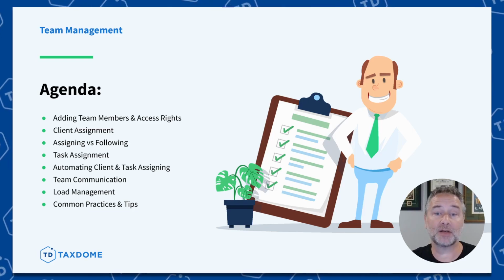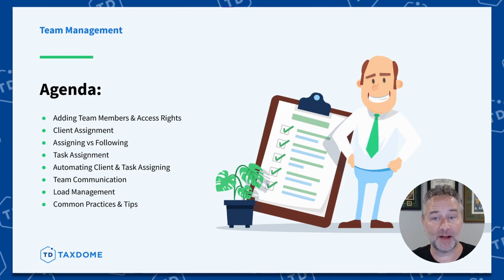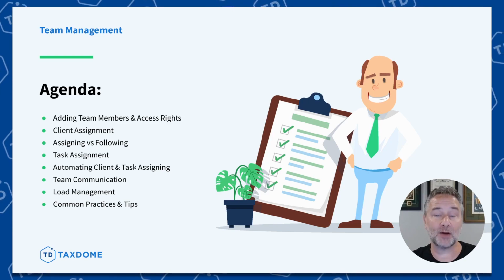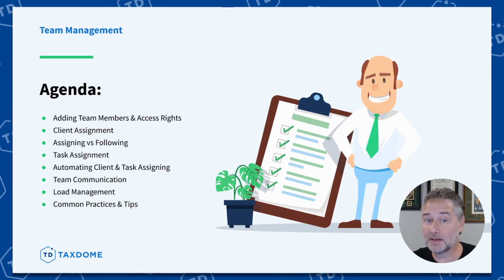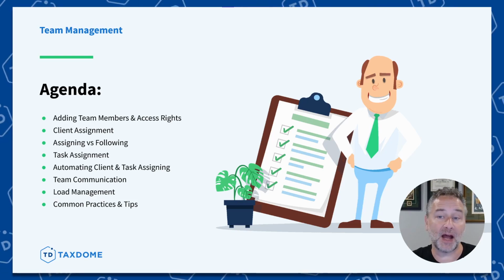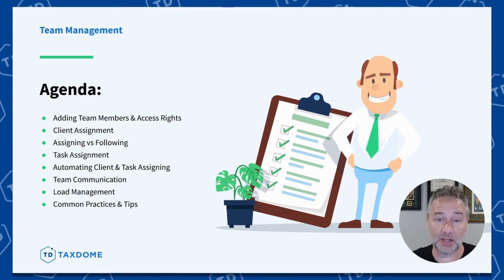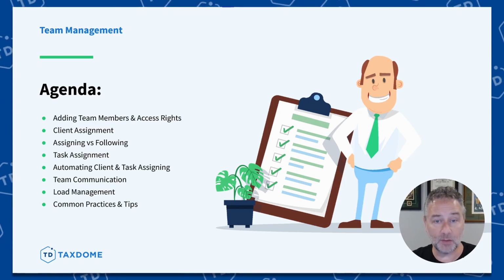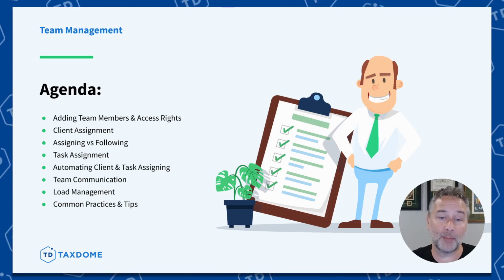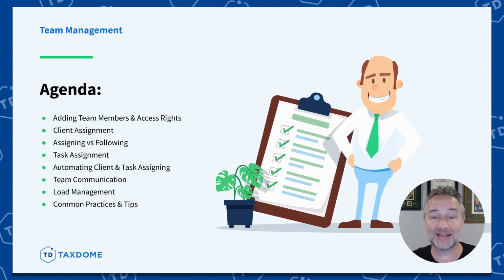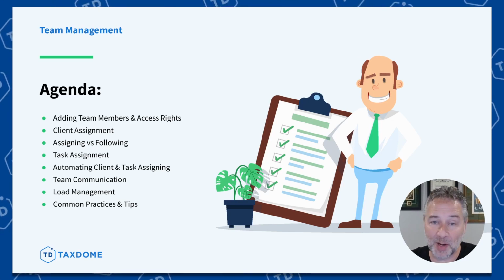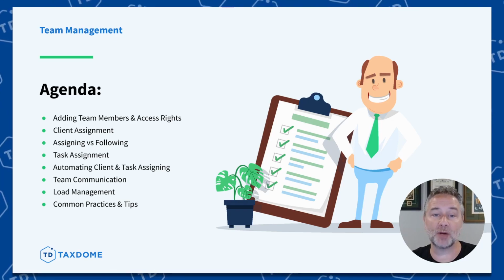We'll then talk about task assignment, and following that, we'll also touch on automating that process for both accounts and tasks. Next, we'll see how to communicate with your team and how to keep them in the loop regarding your clients. Then we'll focus on how you'll manage your team's load before we wrap it all up with some common practices and tips. As always, looks like it's going to be a very productive session, so let us jump right into things.